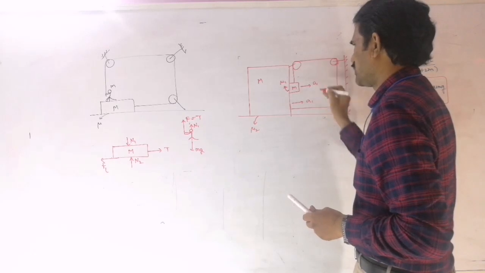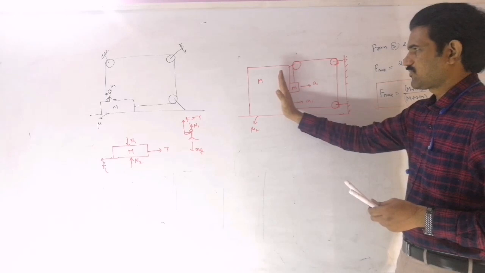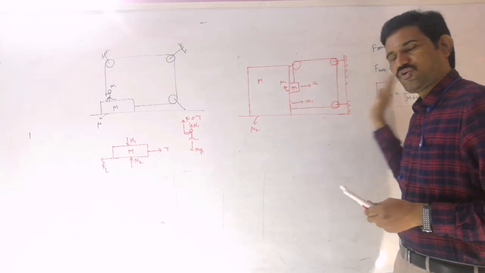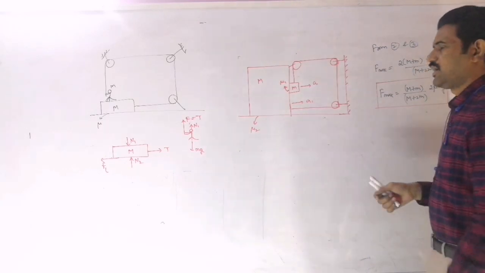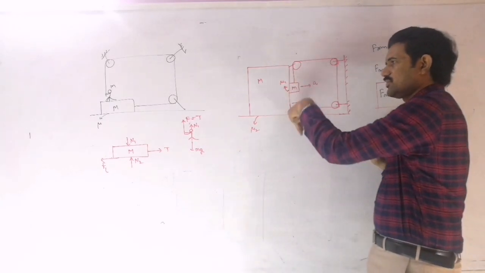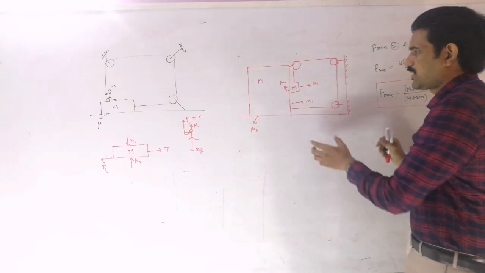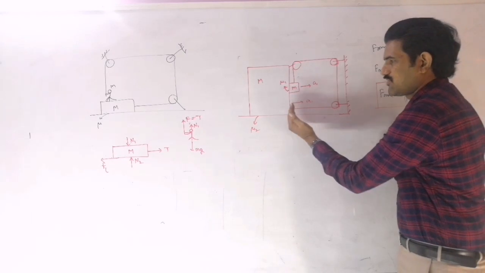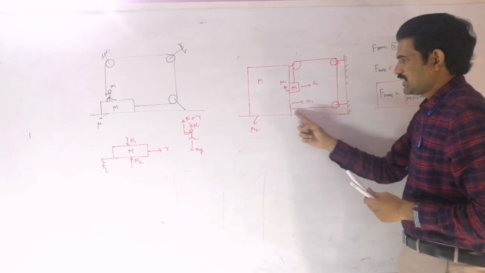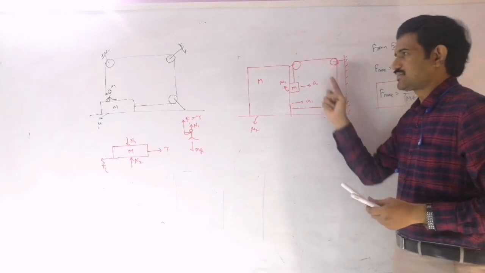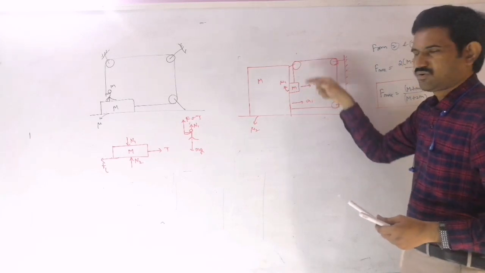The horizontal component will be a1 only, because it is always in contact with capital M, so if capital M travels a distance x in the horizontal direction, then small m also travels the same distance x horizontally. Then, if capital M travels the distance x, the length of the string on this side decreases by x, and this length also decreases by x. So 2x should come down here.